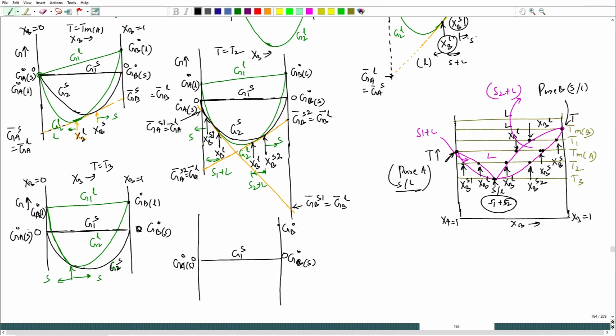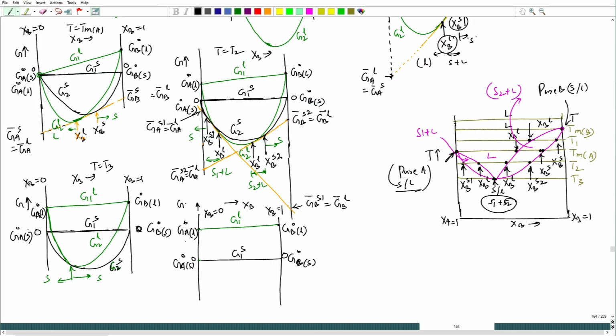This is G B naught liquid, this is G A naught liquid. Okay. So, this is my liquid, this is my liquid G 1 liquid. So, this axis is G, x b is varying this way, x b equal to 1, x b equal to 0.